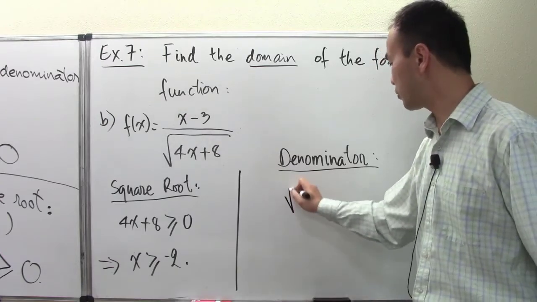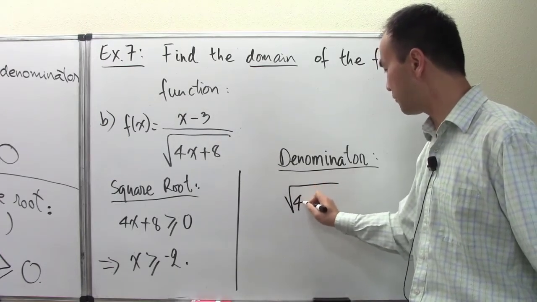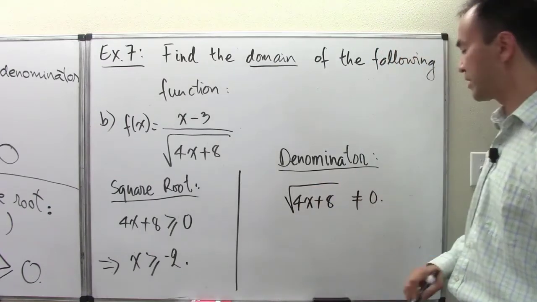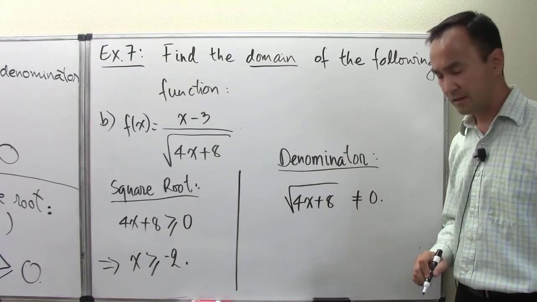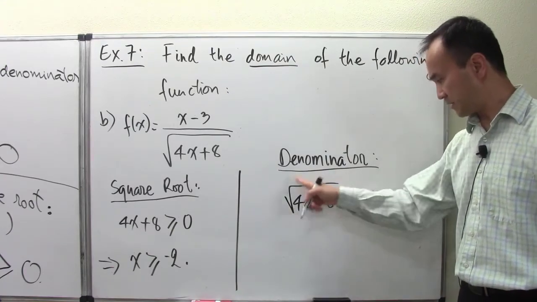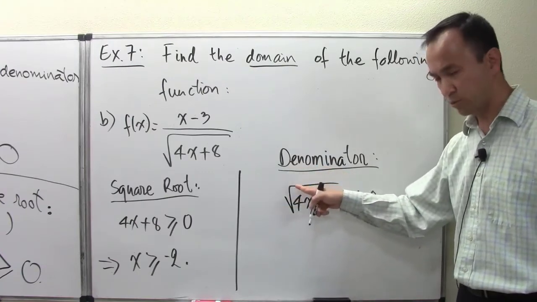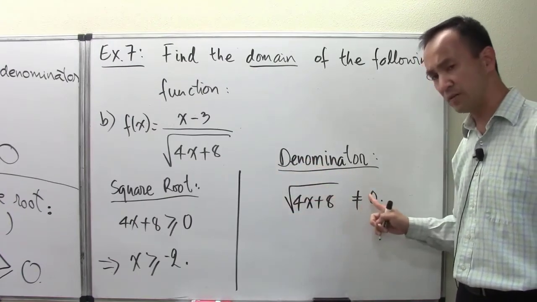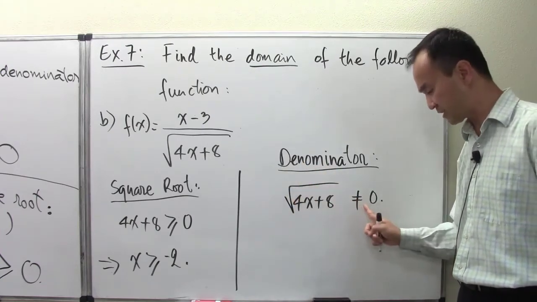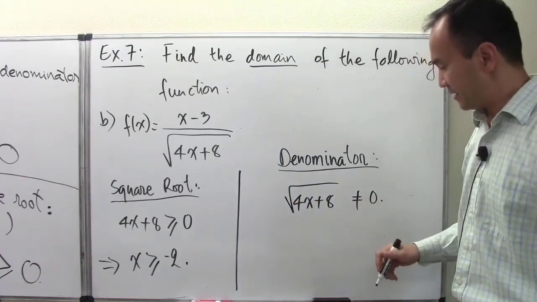So we want to ensure the entire square root of 4x plus 8 is other than 0. We take the entire square root expression, the entire denominator, and we want to ensure that the value of the whole expression is other than 0.